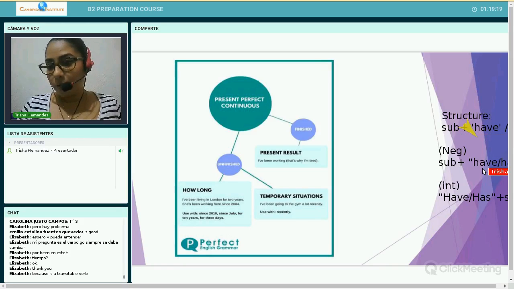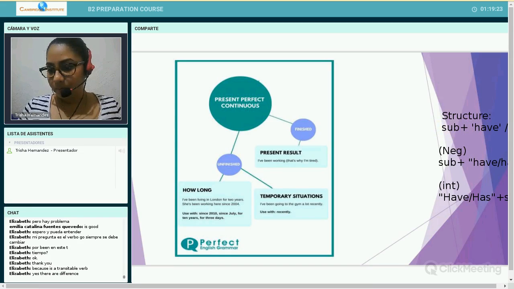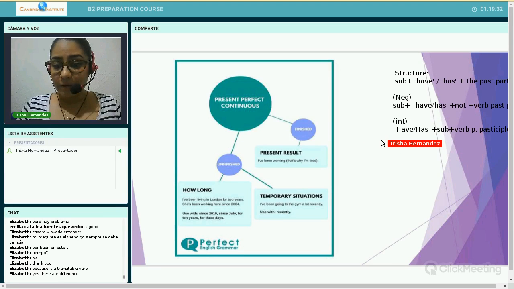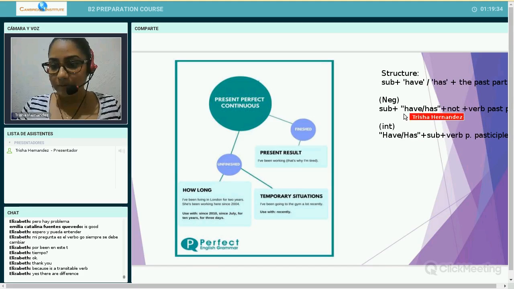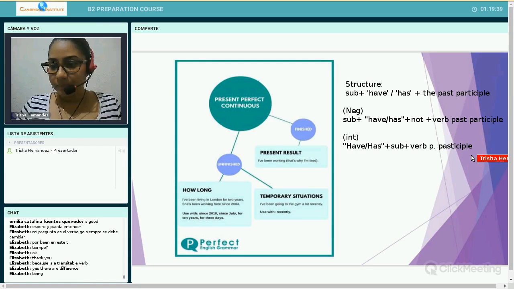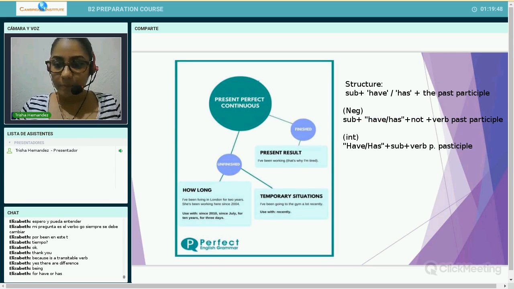Well, I know that all of you already know the structure. I just discovered I can write arrows. I didn't know that. Okay. This is the structure for the present perfect. Let me erase it.